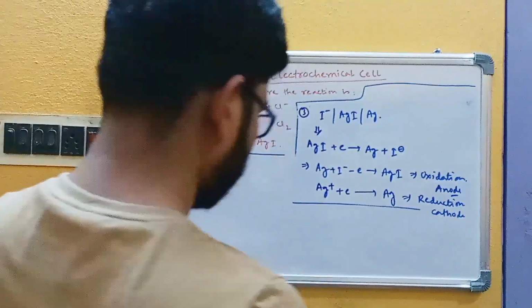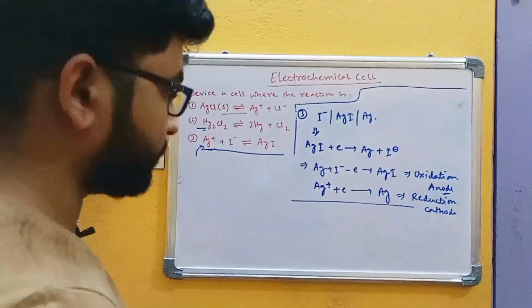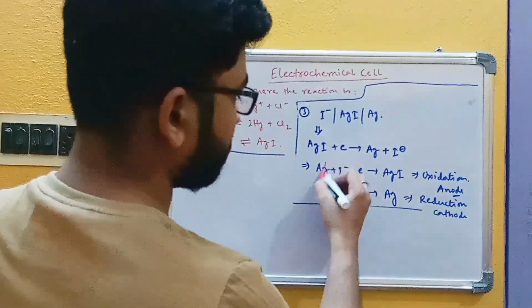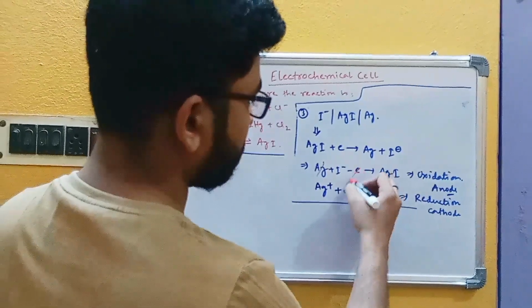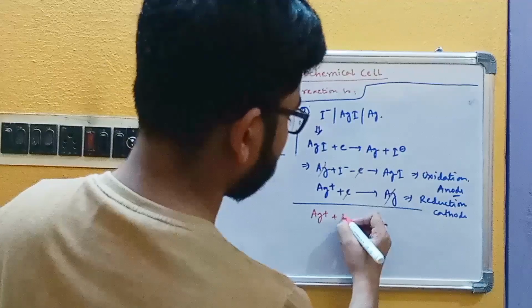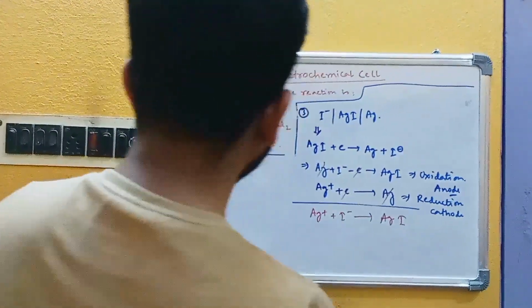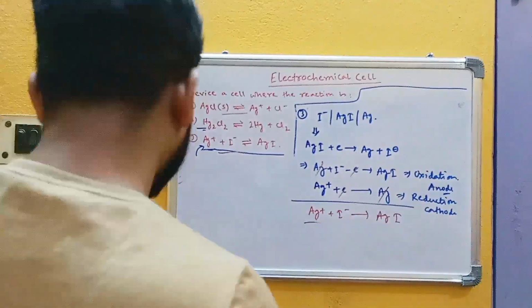If the overall cell reaction matches with this, then our assumption is correct. This Ag and this Ag cancel out, and this electron cancels out, and we get Ag plus I minus. From that we get AgI, and this matches with this reaction. So our assumption is correct.